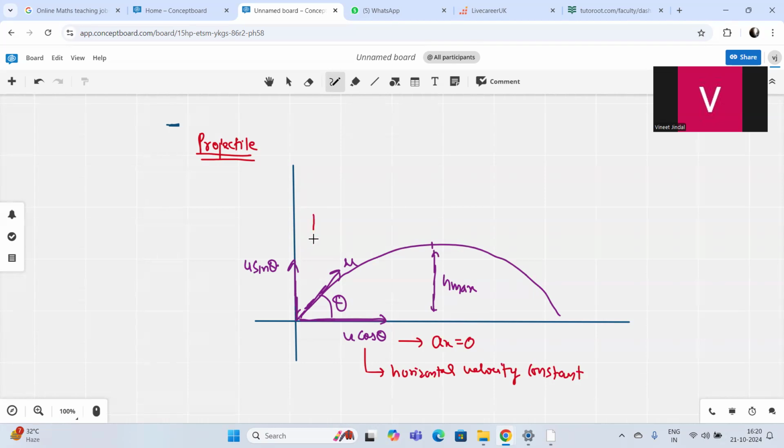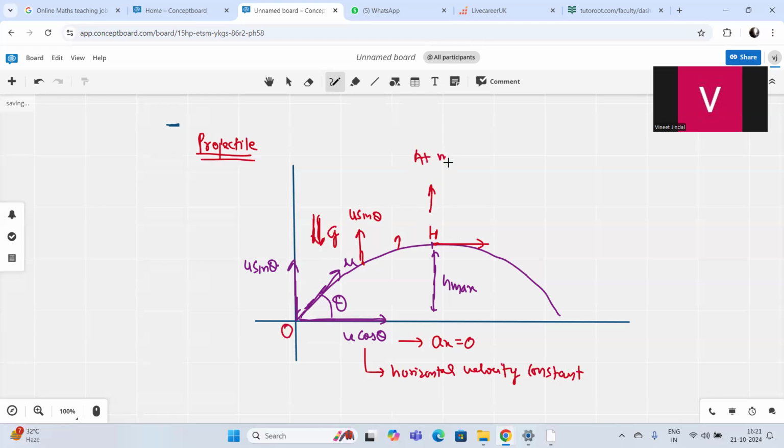The acceleration due to gravity is acting downwards, and the body is being projected from O to H against gravity. So the vertical velocity will reduce. The vertical component of velocity will reduce, and at the top of the height the vertical velocity is zero.